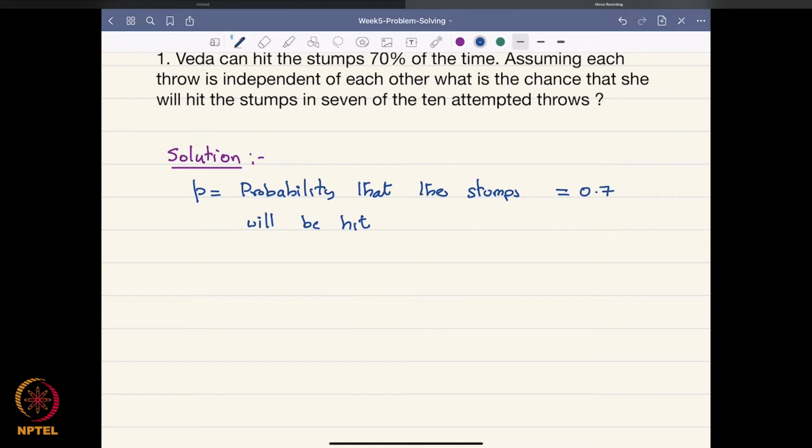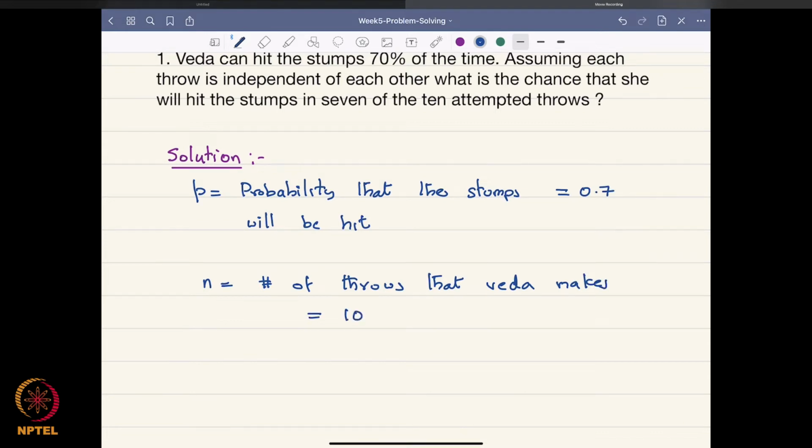So P is equal to 0.7. And then Veda attempts how many throws? 10 throws, right? So the number of trials, n, is the number of throws that Veda makes, which is equal to 10.